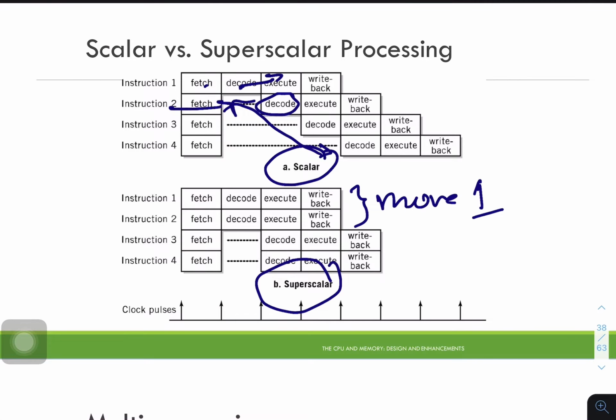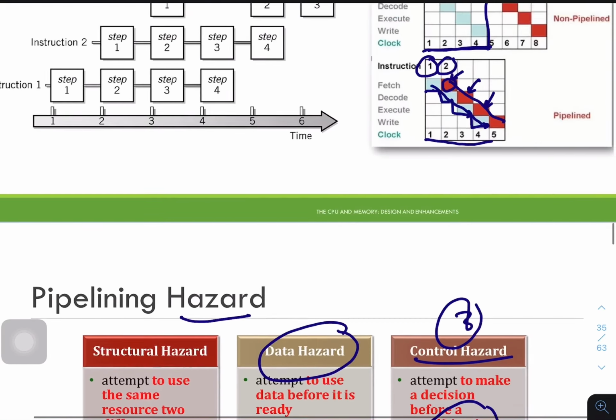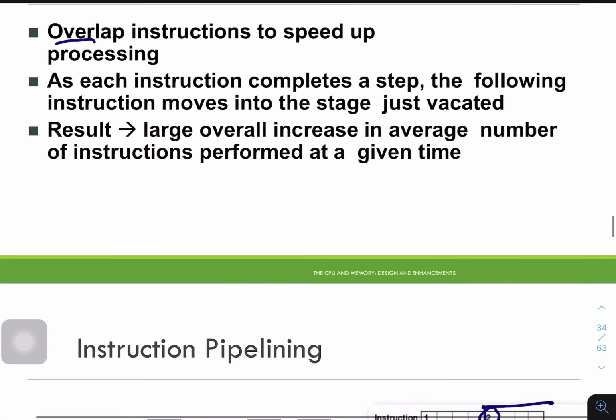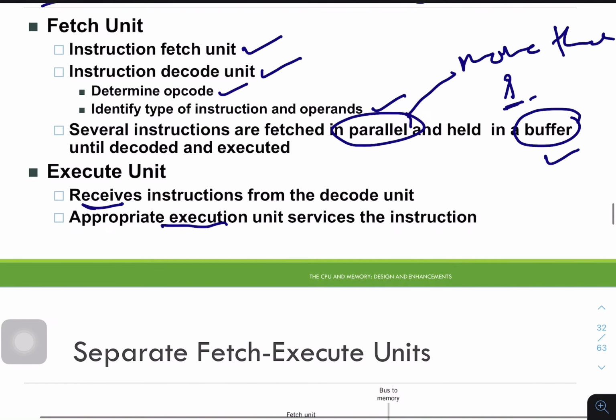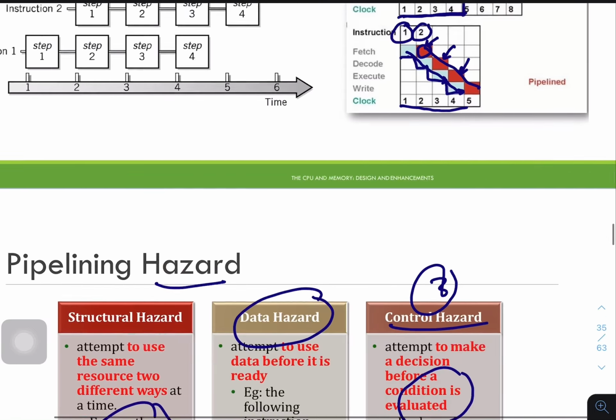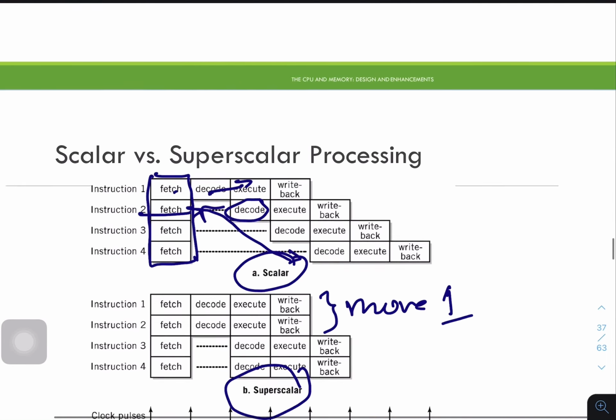Tapi kalau dalam superscalar ni dia boleh fetch banyak sekaligus, cuma dia simpan di dalam buffer lah. Sama seperti penerangan dalam pipelining tadi. Simpan dalam buffer. Okay, that is superscalar.